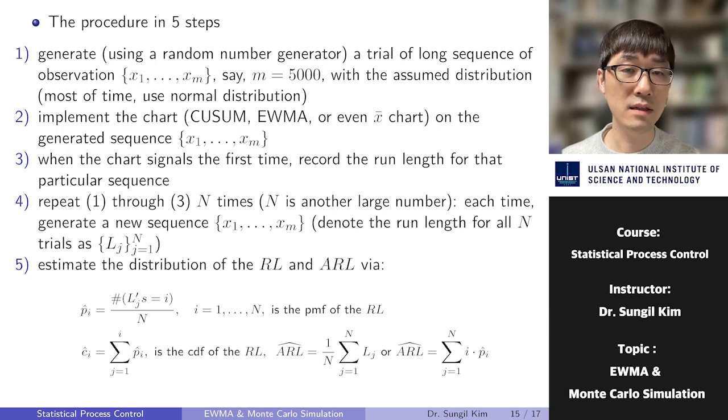Third, when the chart signals the first time, record the run length for that sequence. Fourth, we repeat step 1 through step 3 n times. N should be a large number, and each time we generate a new sequence. Fifth, as a result, we obtain n values of run lengths, and we can estimate the ARL using them.